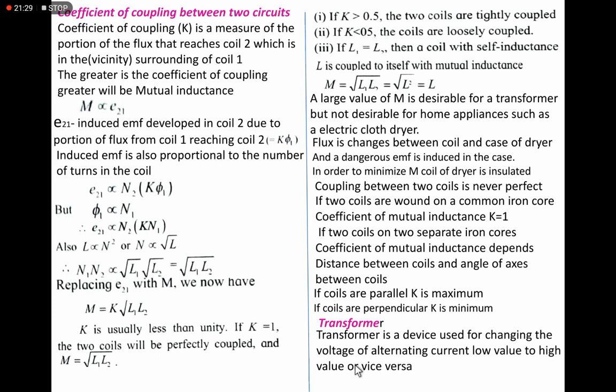Alternating current is there in the primary and secondary, so EMF is induced, and there is voltage in the primary and secondary. You can increase or decrease the voltage by using a transformer. So we will learn about the transformer.